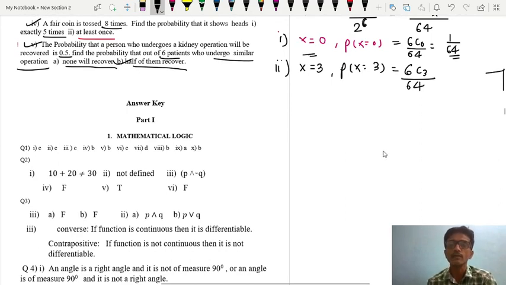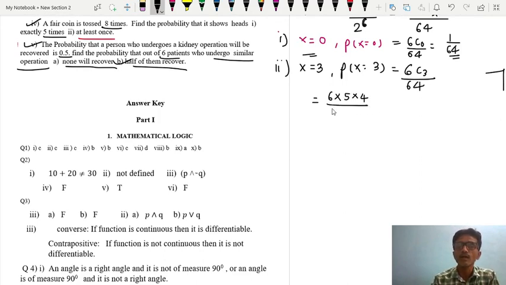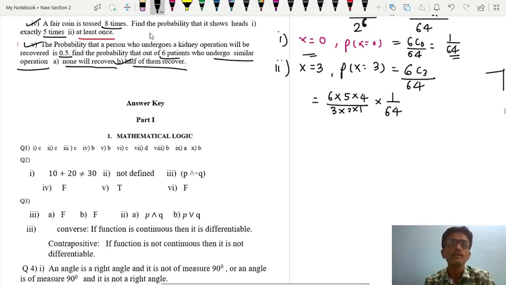So let's calculate 6C3. It will be 6, 5, 4 over 3, 2, 1, into 1 upon 64. So clearly this 6 will get cancelled. Here 5 into 4, again this 4 will get cancelled.